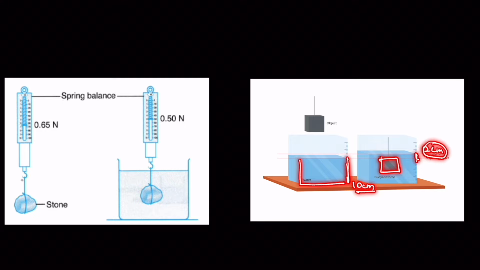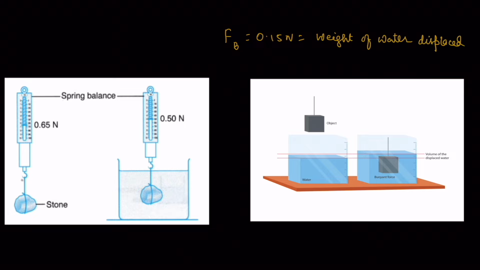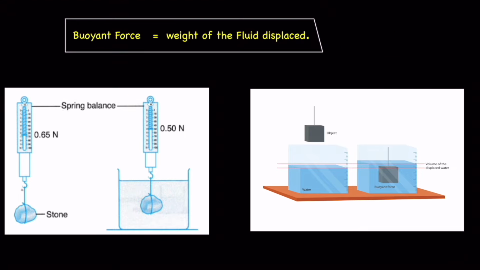So in this volume, whatever the weight of the liquid, that will be the buoyant force acting on the body. If you take the previous example, the buoyant force was 0.15 Newton, which is equal to the weight of the water displaced. So based on Archimedes principle, we can say that buoyant force is equal to the weight of fluid displaced.